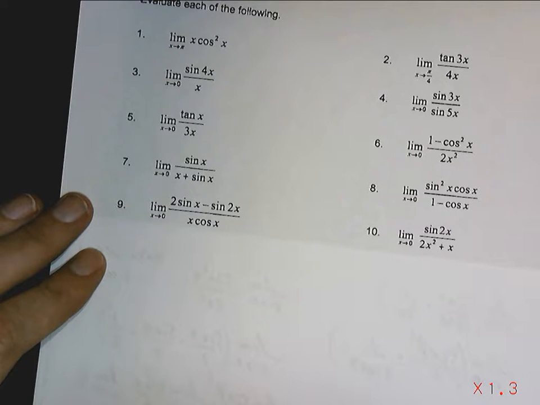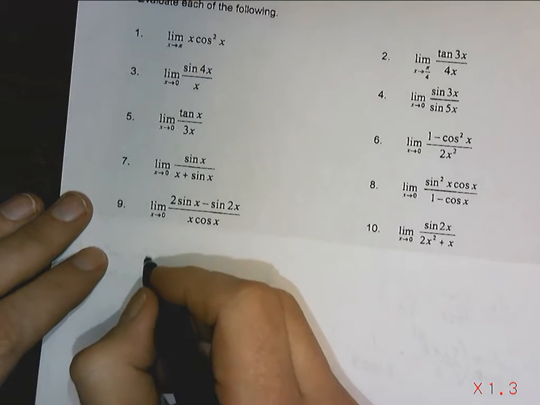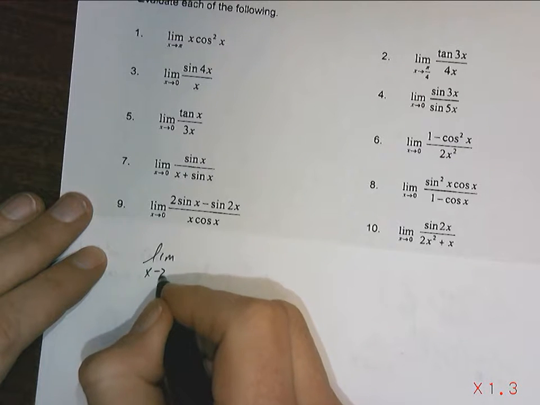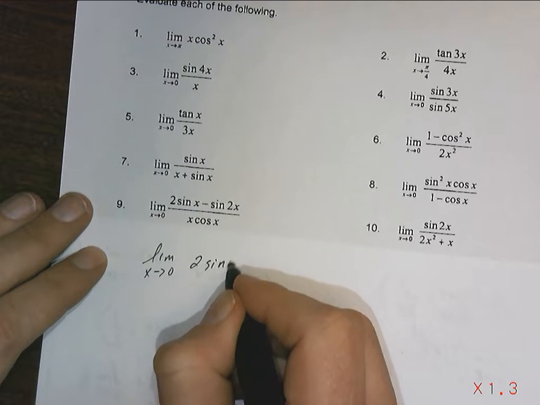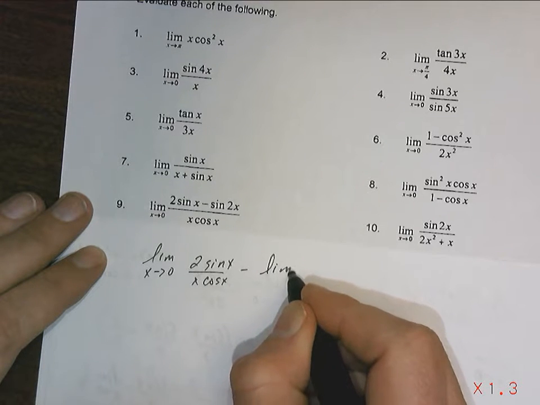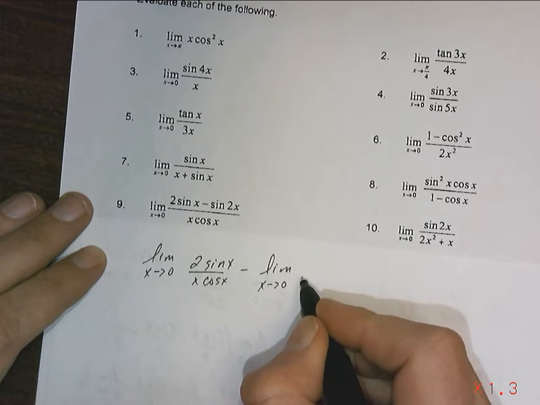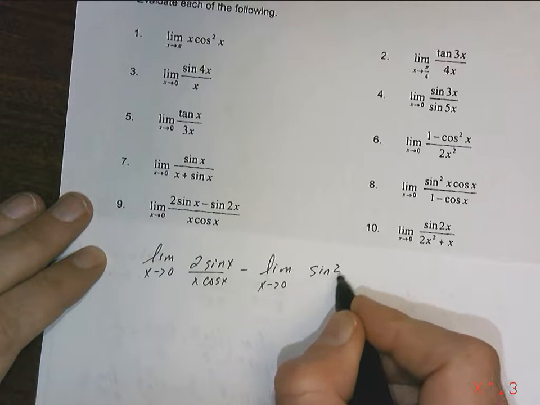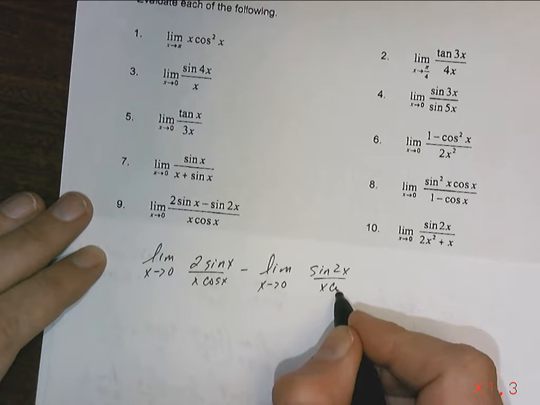Sine x and a cos x. What if we do this? Limit as x approaches 0, 2 sine x over x cos x minus limit x approaches 0, sine 2x over x cos x.